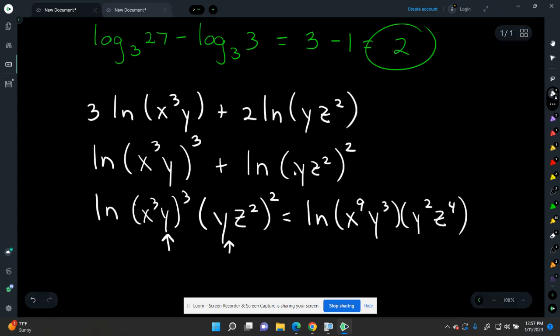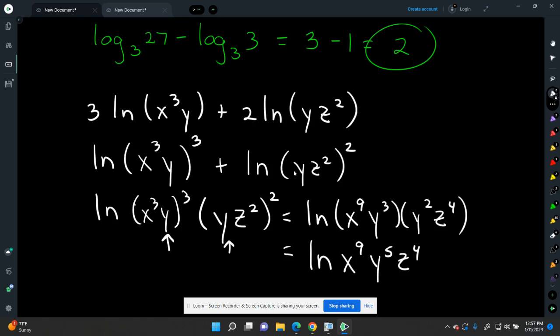Right, just using my properties of exponents. Now I can go ahead and combine those y's. So this is the natural log of x to the ninth, y to the fifth, z to the fourth. And that's going to be my final answer there.